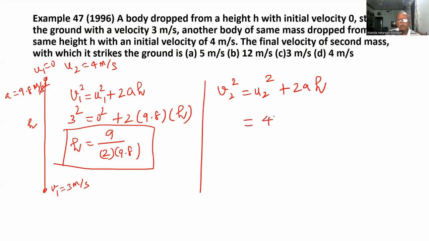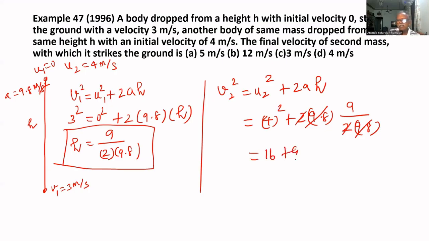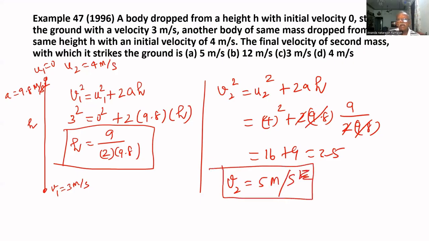U is 4 square plus 2, A is 9.8 and H is 9 divided by 2 into 9.8. 9.8 getting cancelled, 2 getting cancelled, 9. 4 square is 16. 16 plus 9 equal to 25. Therefore, V2 equal to 5 meter per second. That is the answer. So, answer A.